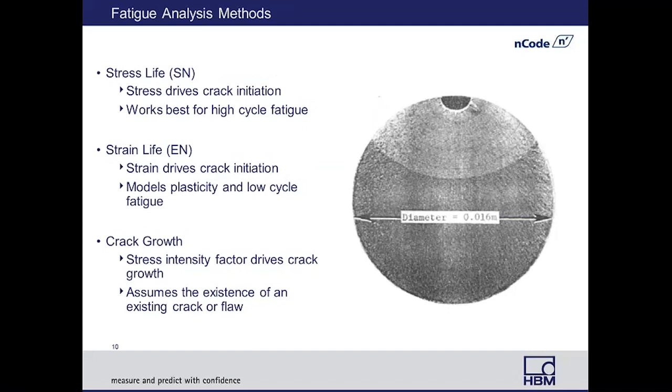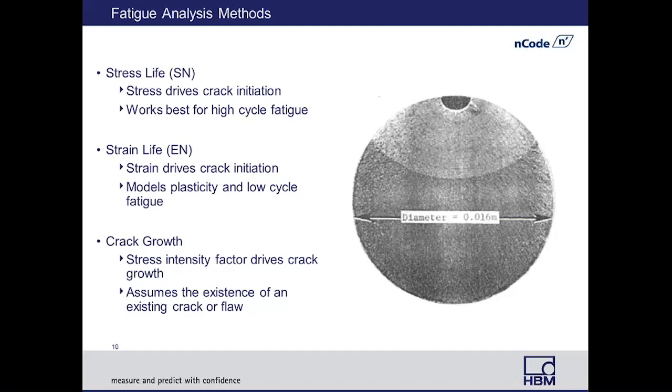And as we get a little bit into the details of strain life, we're going to see that because we are basing it off of strain, we can actually begin to model plasticity. Therefore, we can see what's happening in low cycle fatigue, where our part may actually begin to yield, but not necessarily rupture due to exceeding the UTS. And then lastly, the third method on this slide right here, which begins to model how we do crack growth, is crack growth.